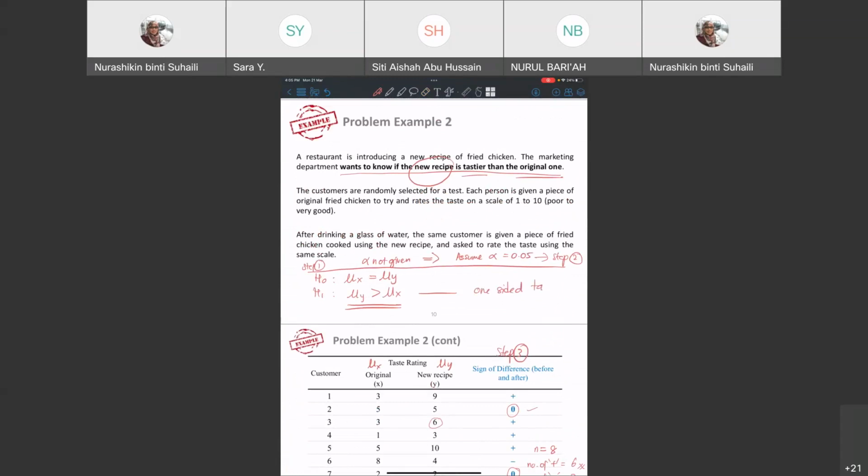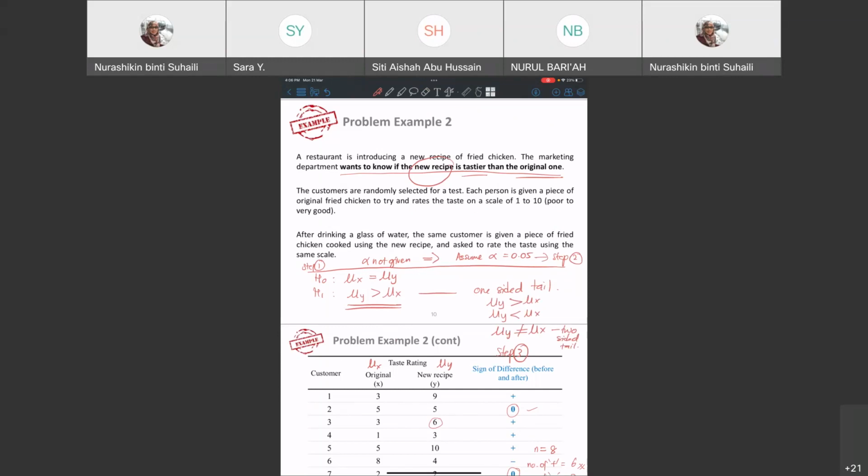We call it one-sided tail. If you have two things of comparison, greater, or if you have less, it's also called one-sided. But if you have mu y is not equal to mu x, this one we call two-sided tail.